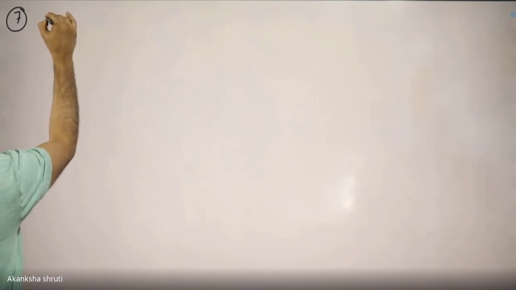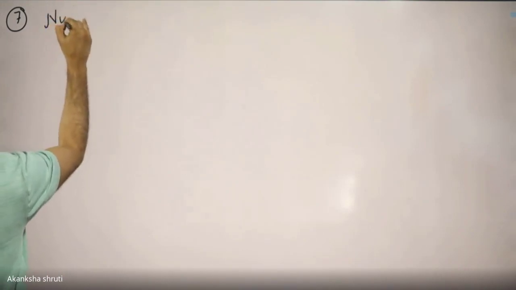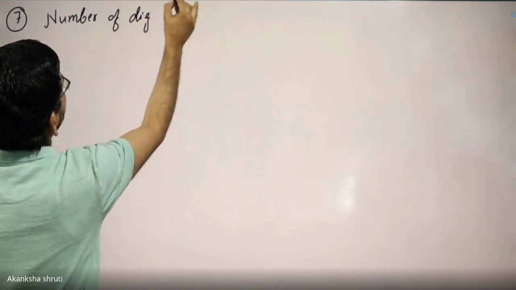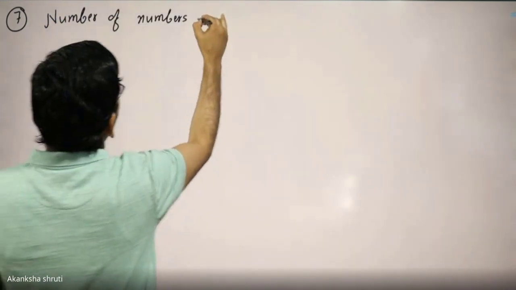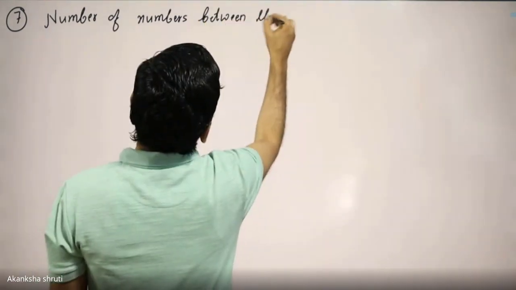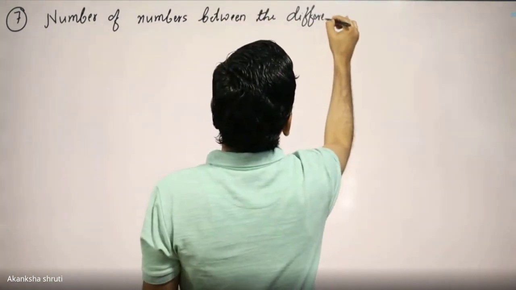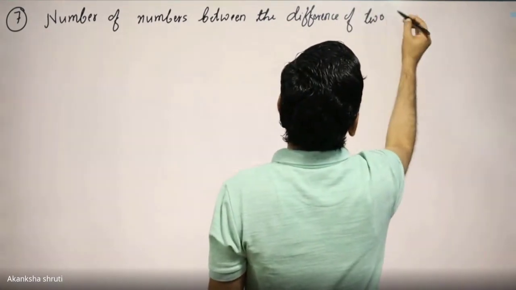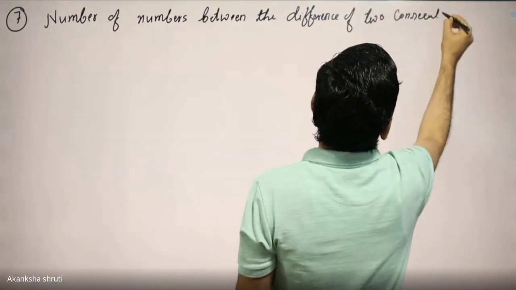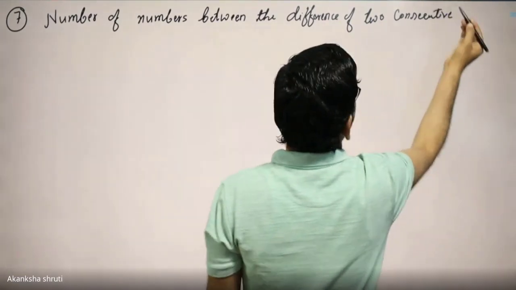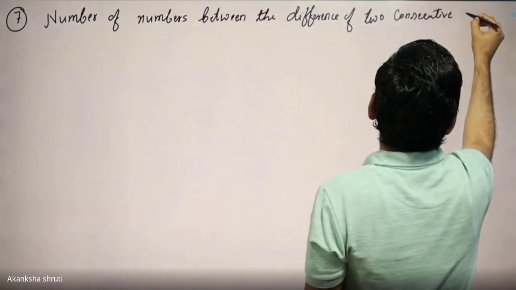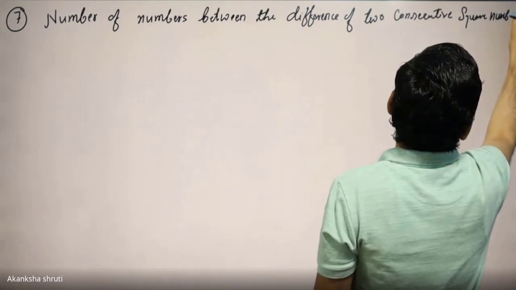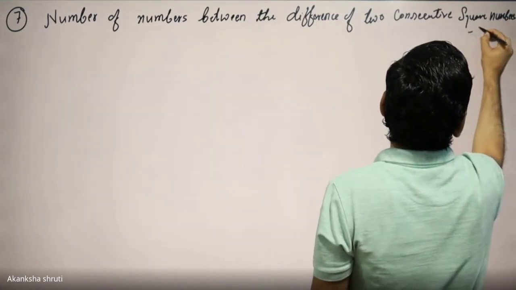The number of numbers between the difference of two consecutive square numbers is equal to how much?